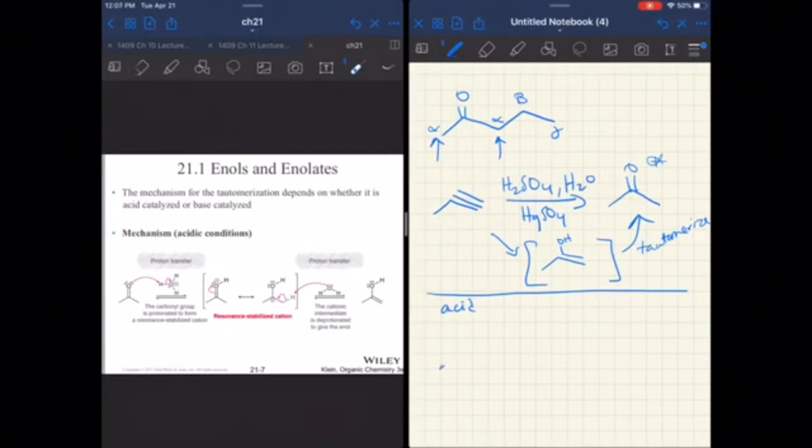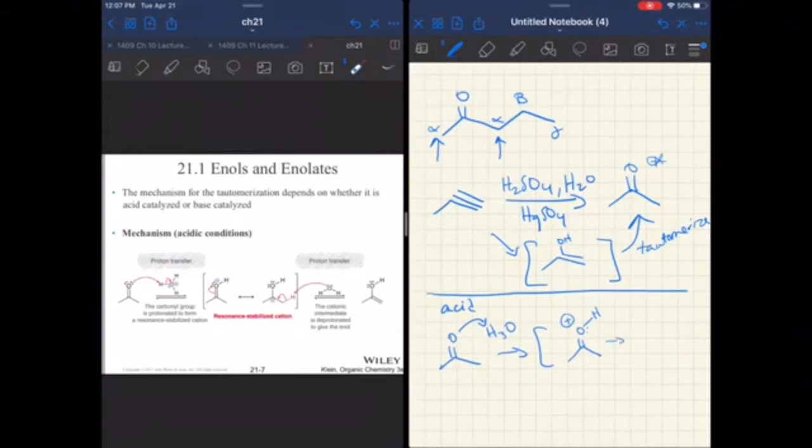So in acidic conditions, the first thing we're going to do is protonate our carbonyl. This is going to have a resonance structure that is going to be important, that is going to shift that positive charge onto the carbon.